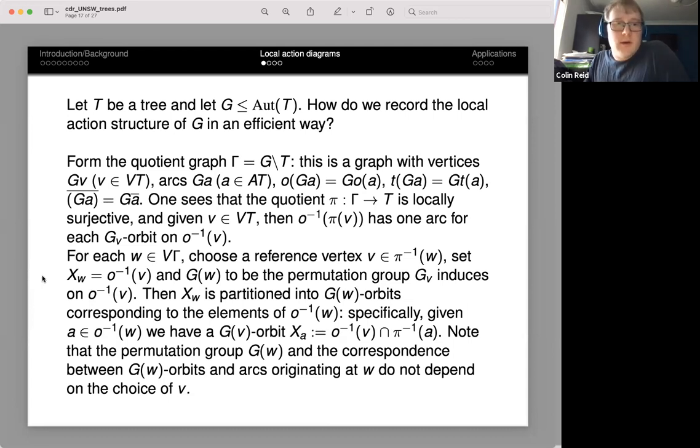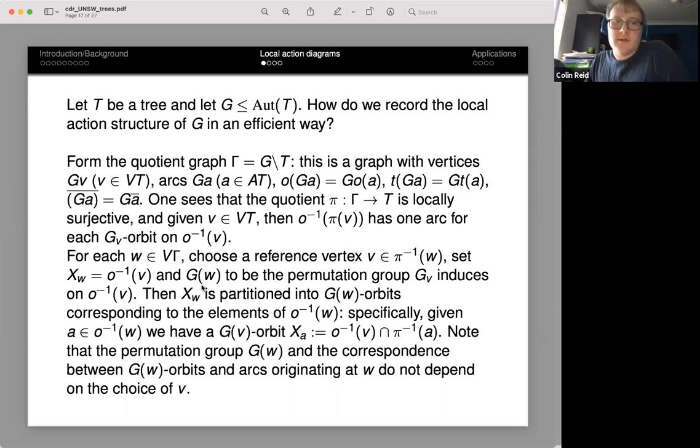And okay, so for each vertex W of gamma, if we choose some reference vertex V in the tree that's in the pre-image of W, then we can take the set of arcs coming out of V, and call that X_V.